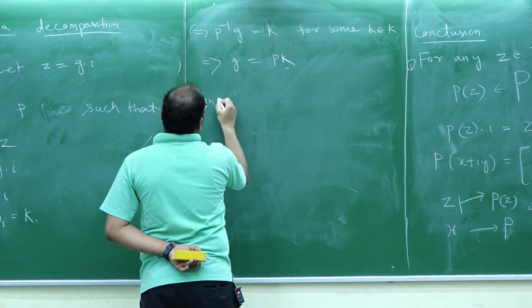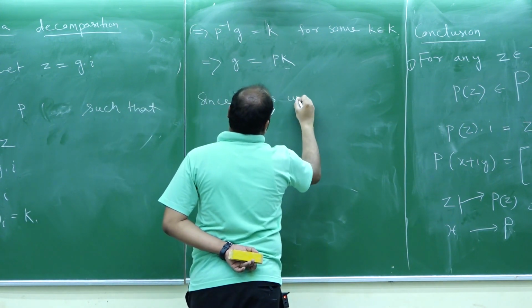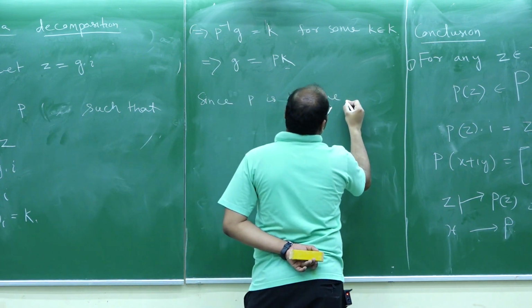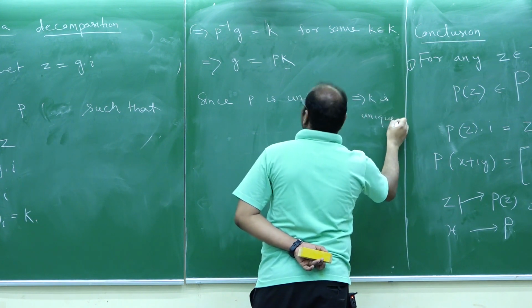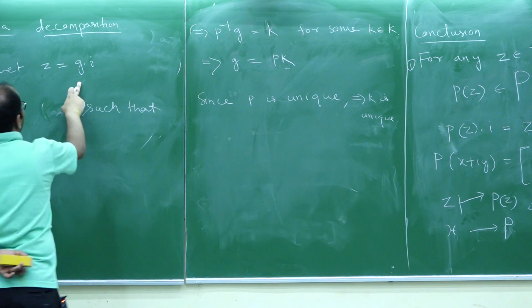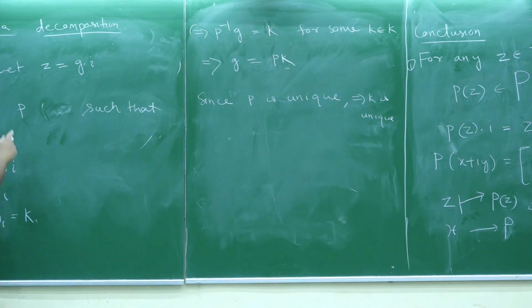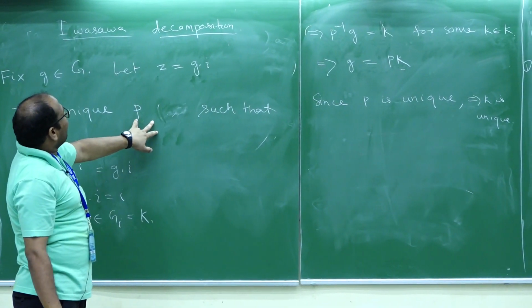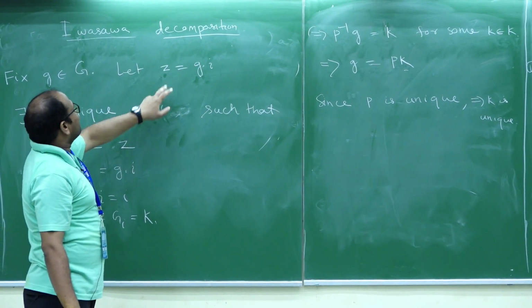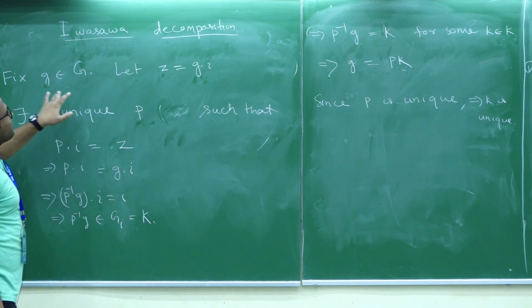Since p is unique, therefore this implies k is unique. Now this p continuously depends on z, and z is nothing but g dot i. So that means p also continuously depends on g. I am saying since g going to g dot i is continuous, and this p continuously depends on z, therefore p will continuously depend on g.